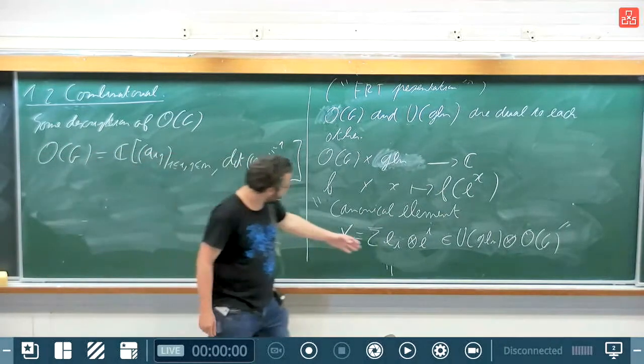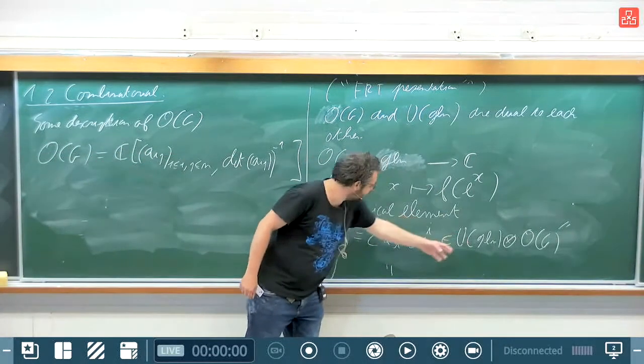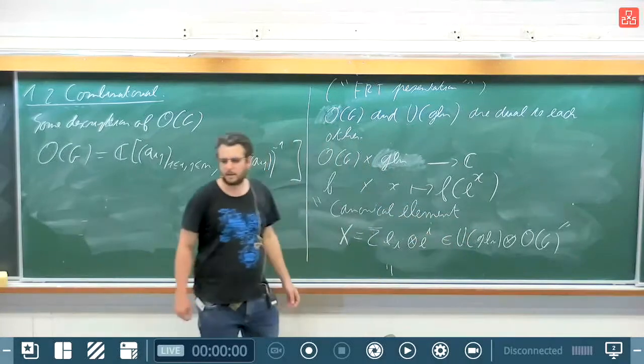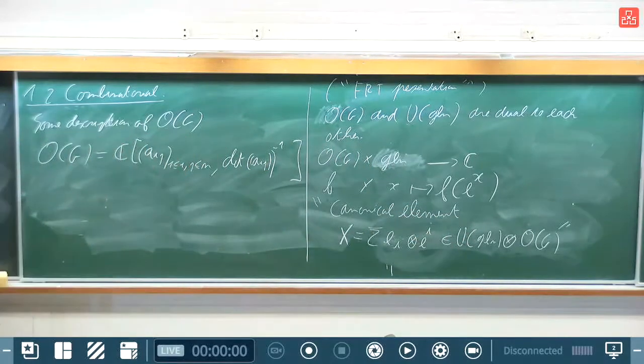But anyway, I can pick a basis of U(gl_n), and then I can pick a dual basis of O(G). Yeah, but that's actually the same thing.